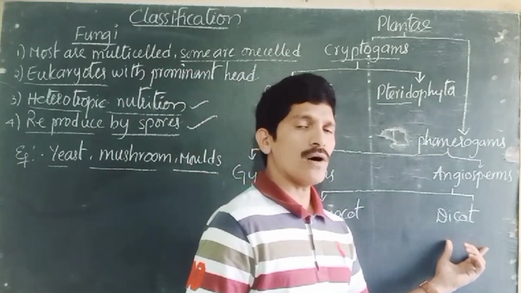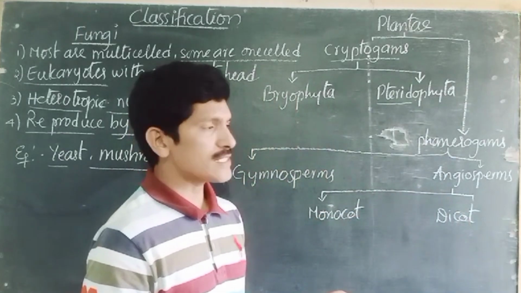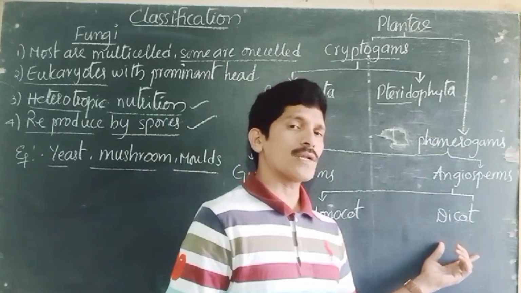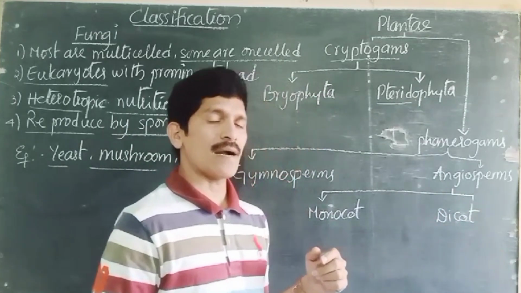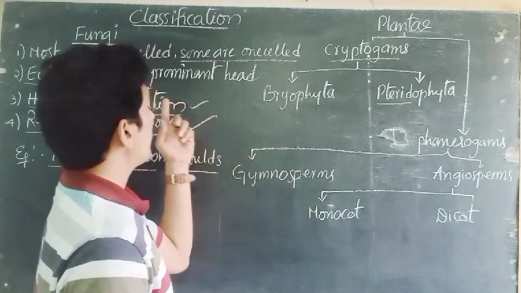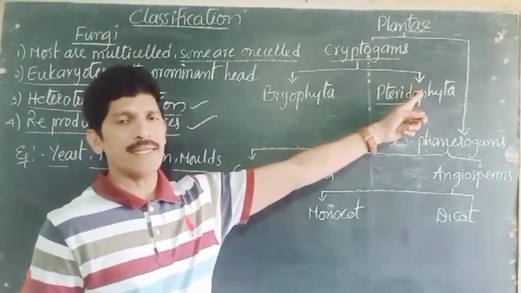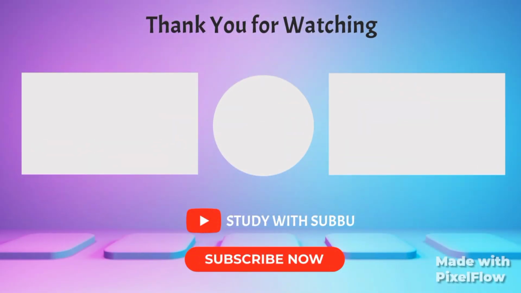Later, dicot. Dicot means the seed containing two equal parts. All the pulses come under the dicot. This is regarding the third group, fungi, and the fourth group, plantae.